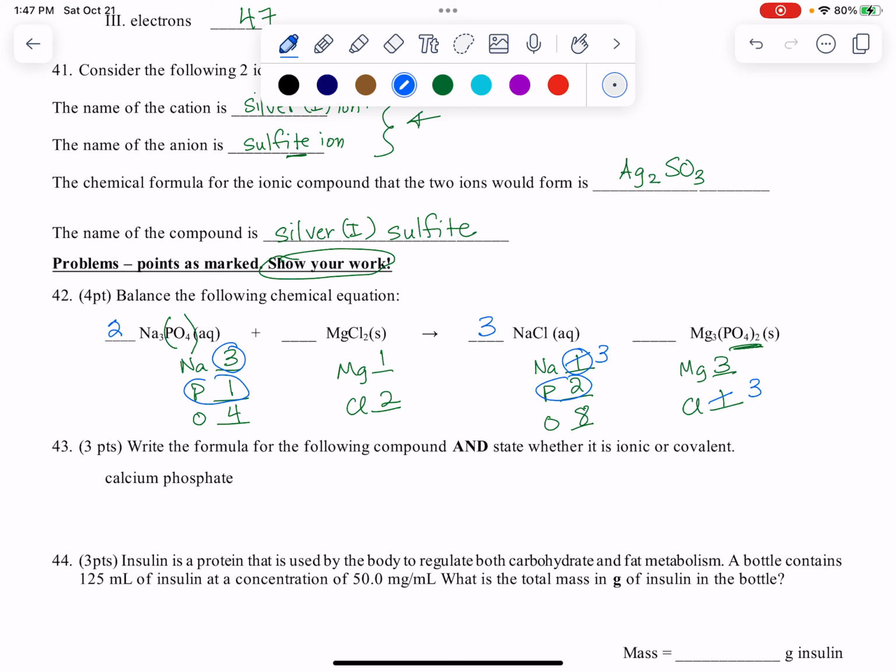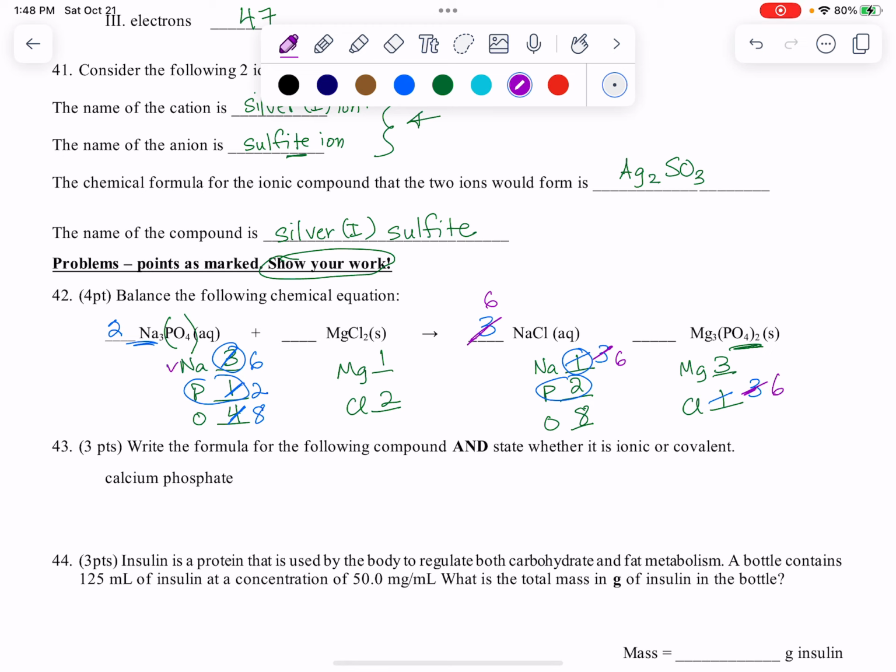Now notice that messed up a bunch of them, so let me fix them. I now have 6 sodiums, 2 phosphoruses, and 8 oxygens, which messed up my sodiums, which I'd already fixed, so I can fix them now or fix them later. Let me go ahead and fix them now. Keep that there. So my next step would be to say, well, now I need 6 of these, which gives me 6 chlorines.